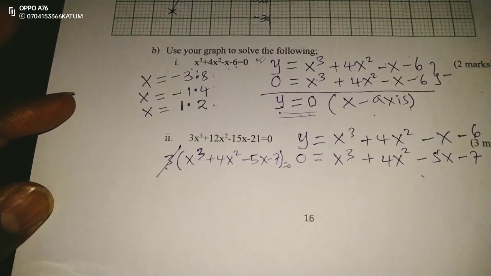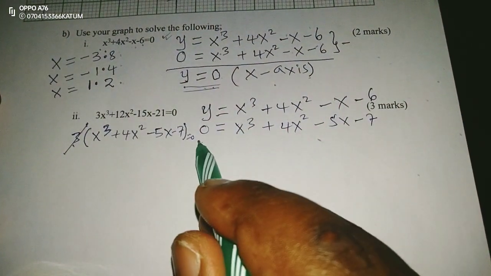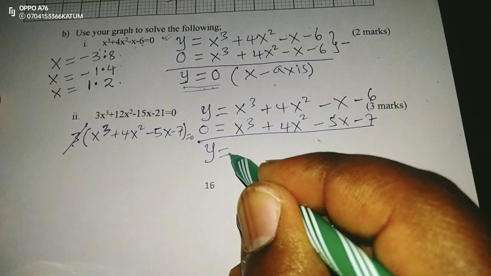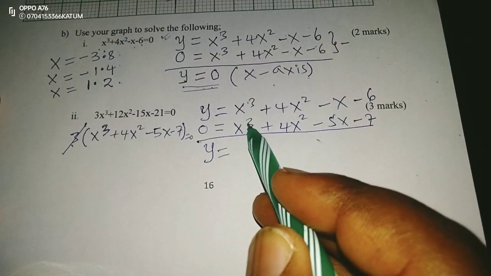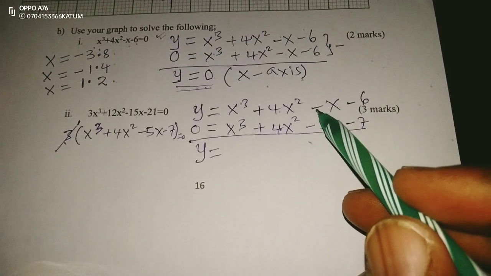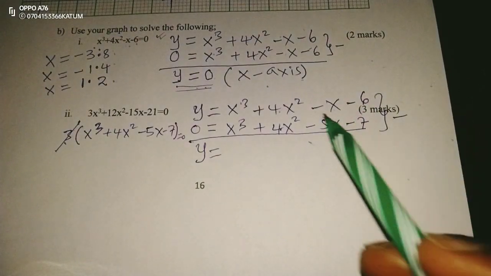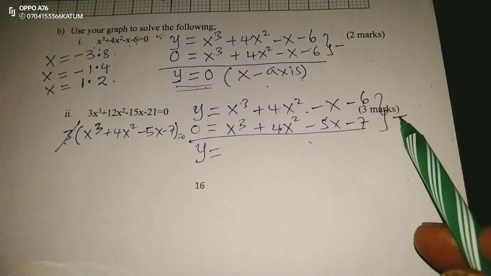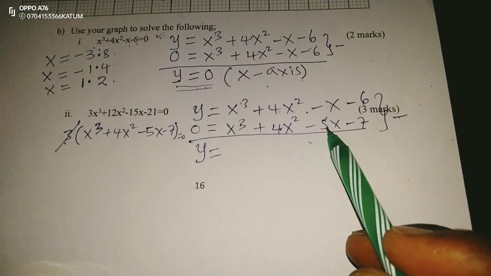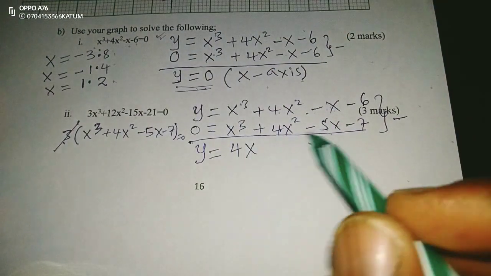Now that is how the second equation becomes after simplifying it. This means now when we subtract, I'm going to have 0 equivalent to this cancels, this also cancels, but when you get to this term, negative x, remember we are subtracting, negative x minus negative 5 becomes negative x plus 5, making it 4x.